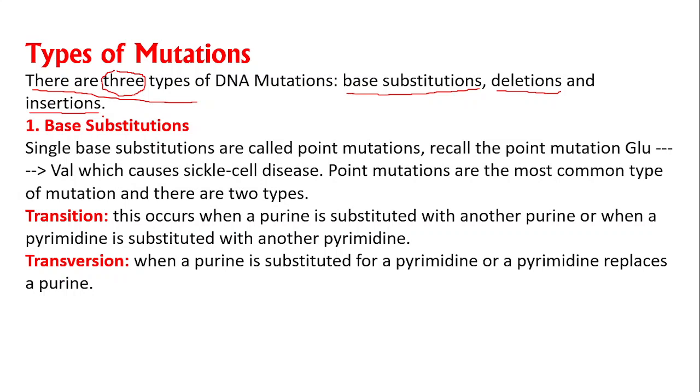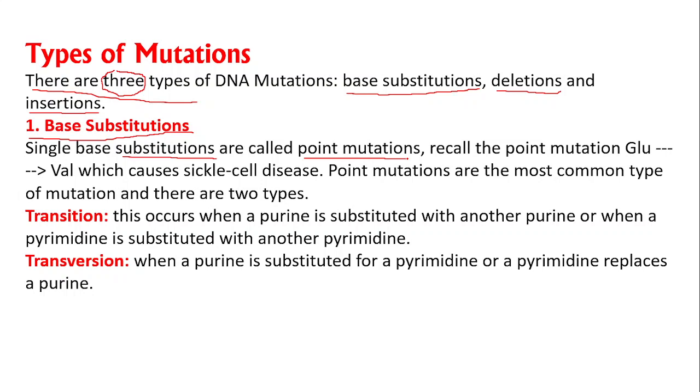Further different types of mutations are also present, but for your level, for the level of NEET and CET, up to these three different types of mutations are important. Coming to the first one, base substitutions. What exactly is meant by base substitution? Single base substitutions are called point mutations, as we have discussed earlier.